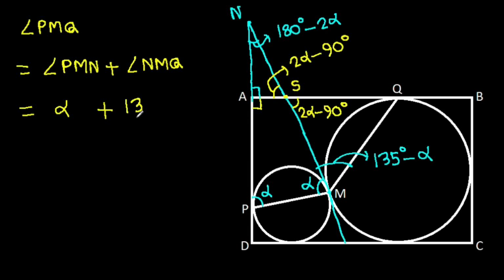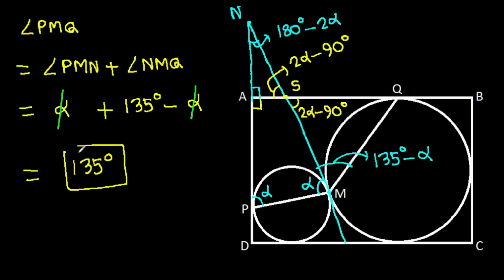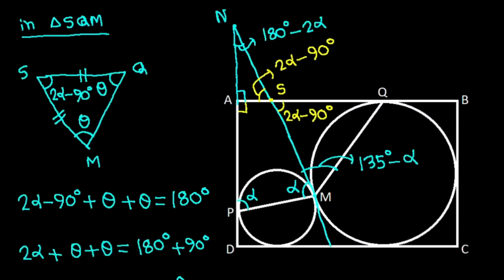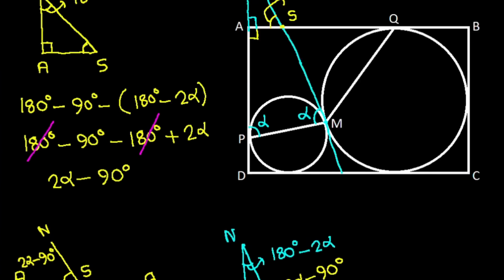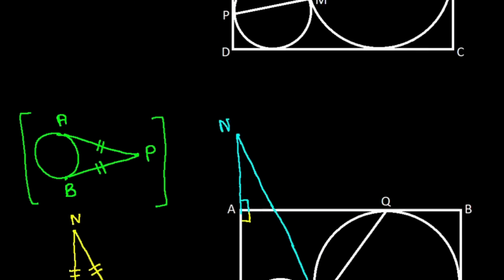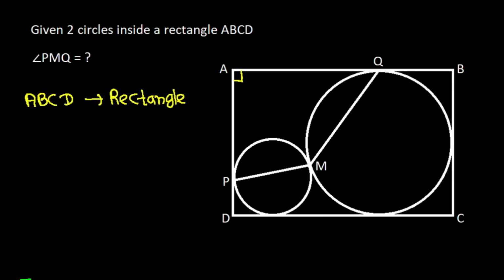It is 135 degrees minus alpha, and alpha will get cancelled. So it is 135 degrees.